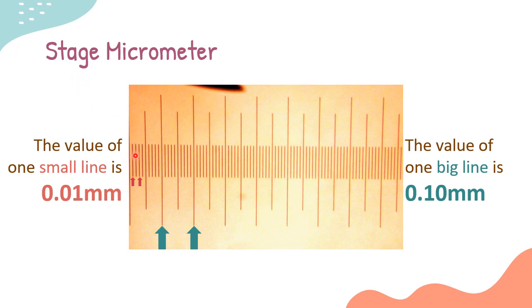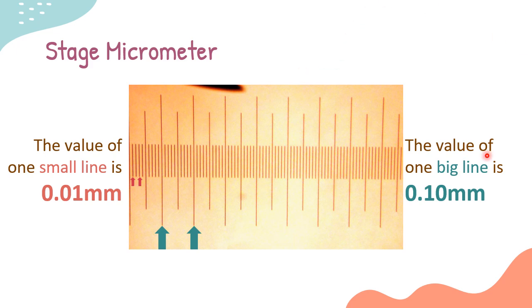It's very easy. You just count 0.01, 0.02, 0.03, 0.04, 0.05 until 0.10 millimeters. Okay, so that's how you count the value of the stage micrometer.